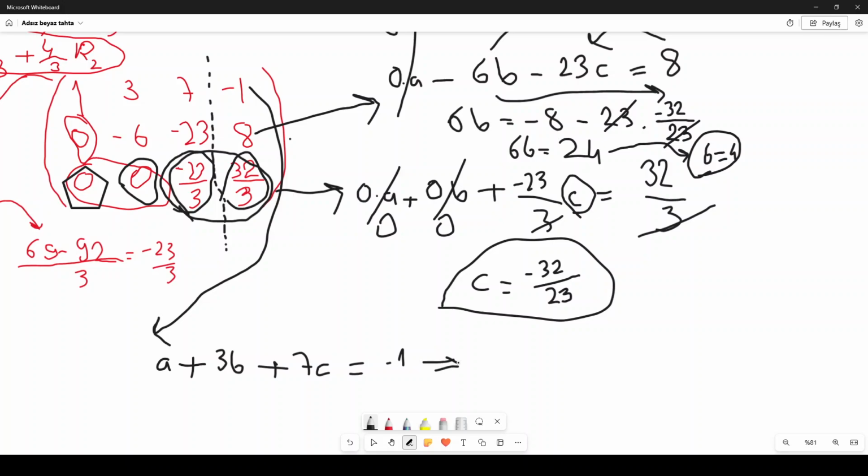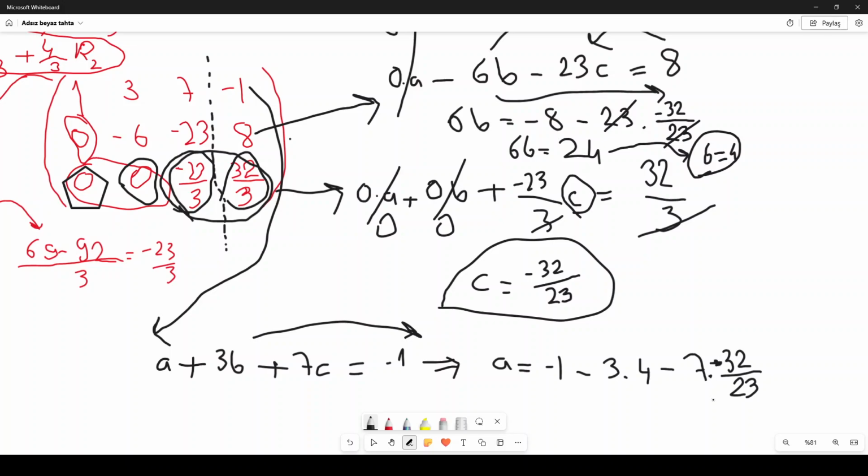Okay, and this means A is equal to minus 1, and move these values to the other side and leave the unknown variable A alone on the left hand side. Minus 3 times B, which is 4, and minus 7 times minus 32 over 23, because the value of C is minus 32 over 23.